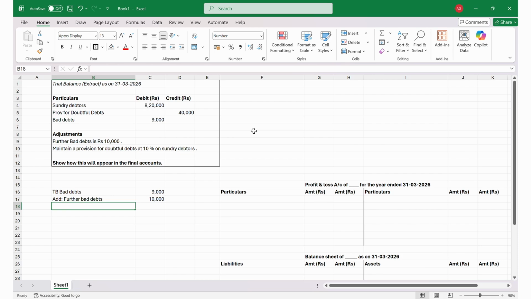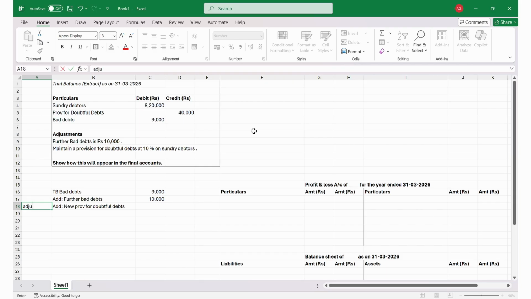Then the third thing is we have to add the new provision for doubtful debts. This is whatever is given in the adjustment. The adjustment says maintain a new provision of 10%.